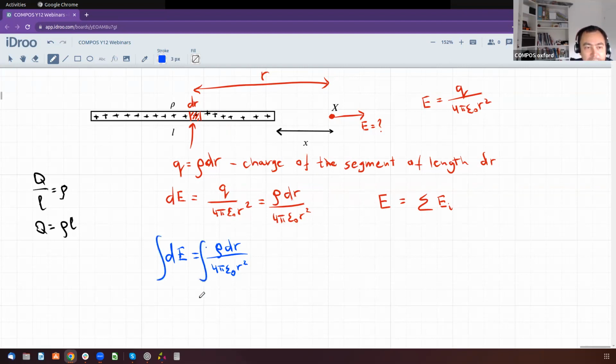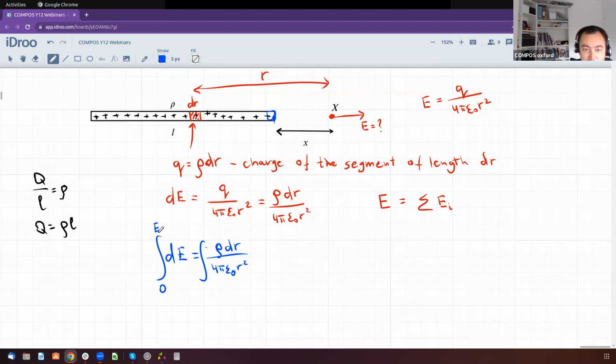Integrate both sides. Now E, well, let's say we start from here and we go left all the way across the rope. So we take this section first. E goes from 0, because if you consider 0 length of the wire, it's 0 E, up to E, which is what we're looking for.